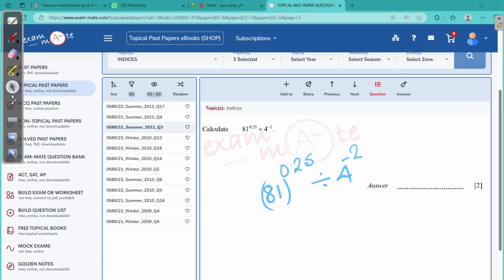Okay. So, wait. Divided by 4 raised to minus 2. 81. Hmm. So, three.